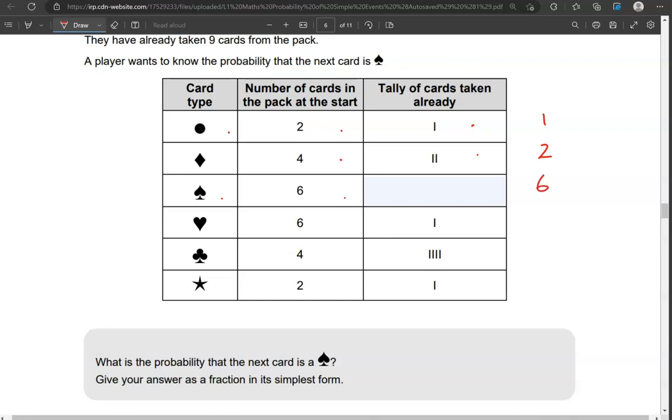We have hearts, 6 at the start, 1 taken, so that means 5 left. We have clubs, 4 at the start, 4 taken, so none left. We have star, 2 at the start, 1 taken, so 1 left.